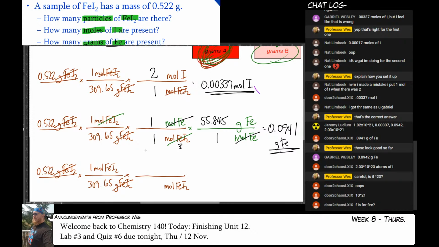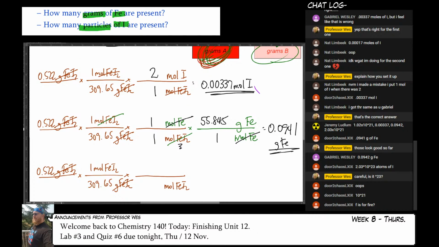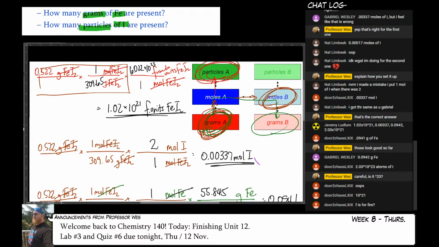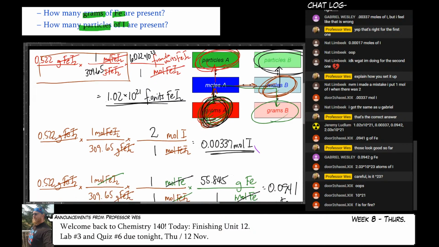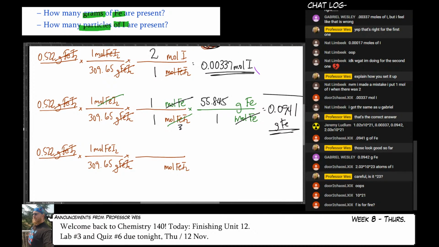I don't remember what the last problem is. I gotta do this to it. Move that up there. How many particles of iodine are present? So for the last problem, we'll start here again and go this direction. Already did the first step.